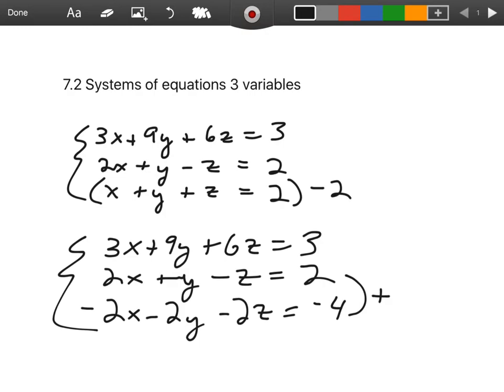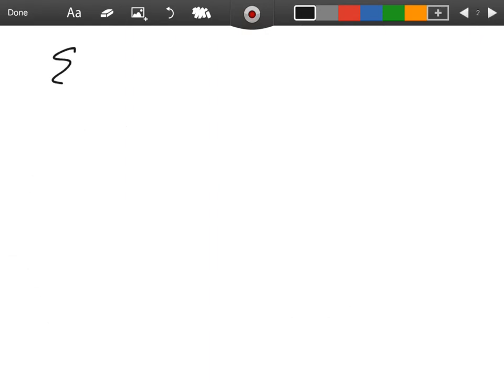Okay, so I'm going to go to the next page and show that step. All I'm doing is adding those two together. The top equation stays the same. The second equation stays the same.